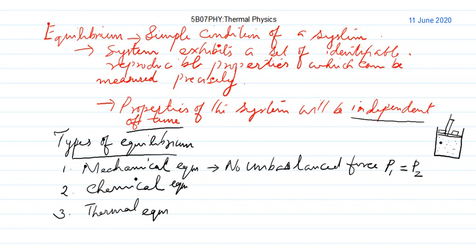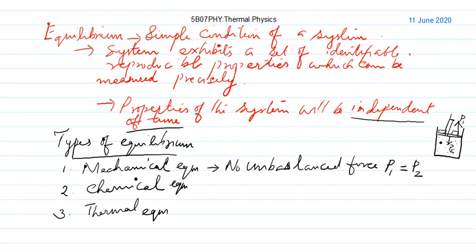So there will be a weight mg acting down, and these gas molecules will be exerting a pressure in the upward direction. Say this is P1, and the pressure due to the weight of these masses, acting downward, is P2.